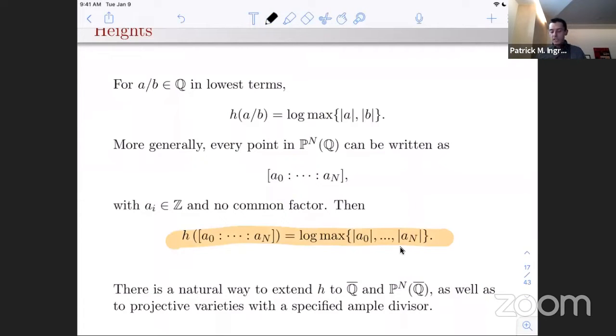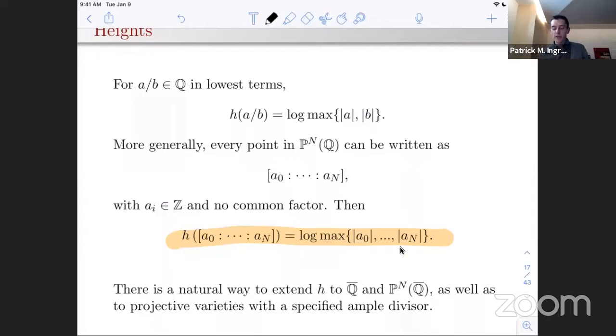And if you have a projective variety, or just a variety with an ample class on it, that ample divisor, ample line bundle gives you many choices of embedding of that variety into projective space. And so that gives you a bunch of choices of height functions. And for the same ample divisor, if you normalize it, you always get more or less the same height.